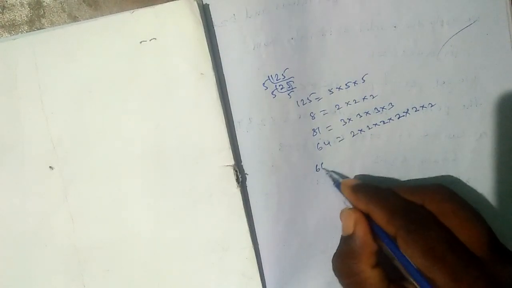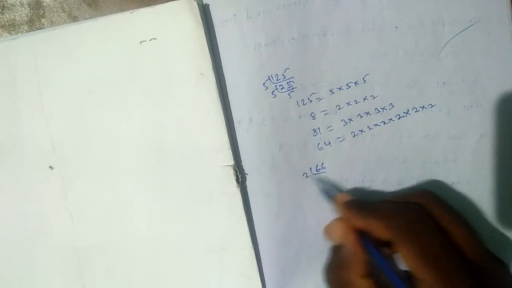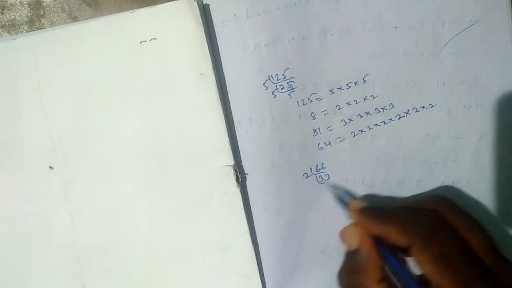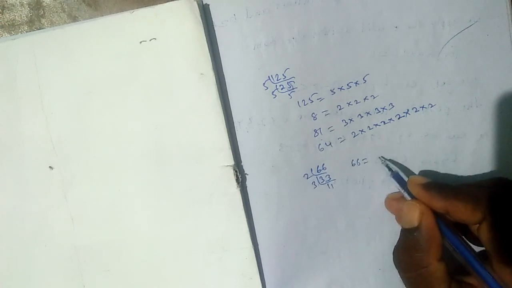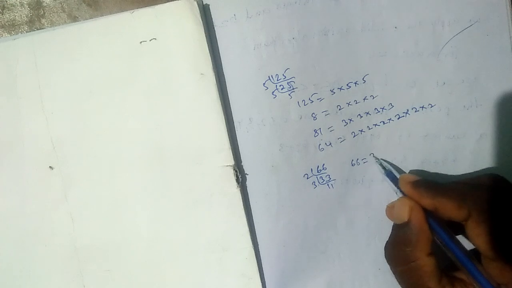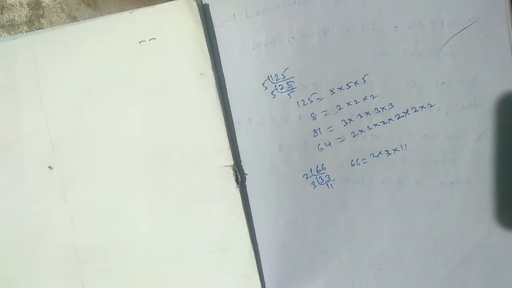So 66: 2 33s are 66, 33 is 3 into 11. 66 we can express as 2 into 3 into 11.